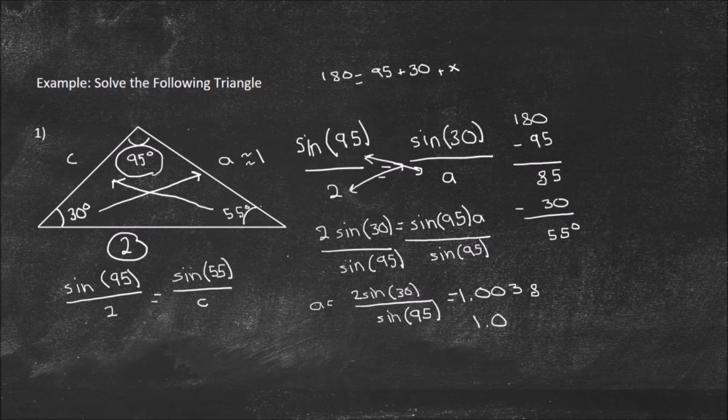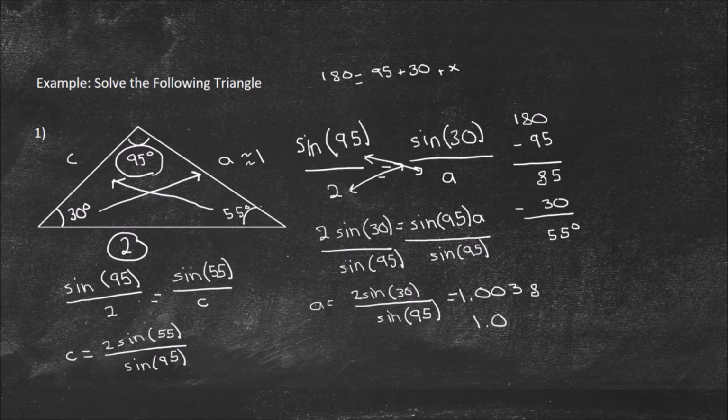And it's going to end up being a very similar equation. We'll cross multiply, and c equals 2 sine 55 divided by sine of 95. Because I cross multiplied and got sine 95 times c equals 2 times sine of 55. Then I just divided both sides by sine of 95, and that's what I got.